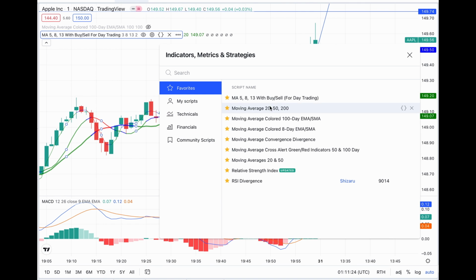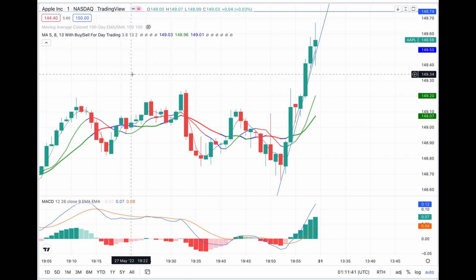Other indicators that I use are a 20, 50, and 200 day. I use an 8 day on its own. I use a 100 day, or I just use the 20 and the 50. I also use a relative strength index, which can show you basically if the stock is overbought or oversold.